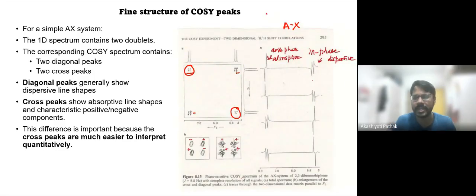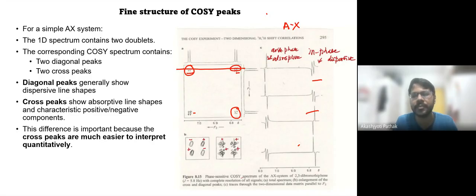So these signals that you see are actually signals of the cross peaks: minus plus, minus plus, then plus minus, plus minus. Antiphase. Actually, this has been taken along this line. That is why you are getting antiphase absorptive, and this is in-phase dispersive.